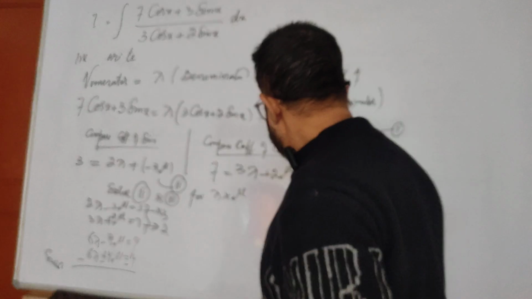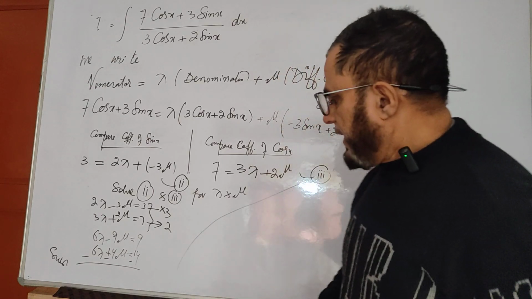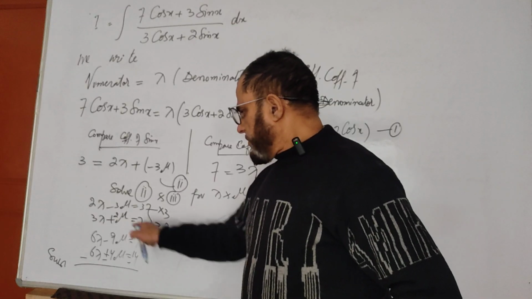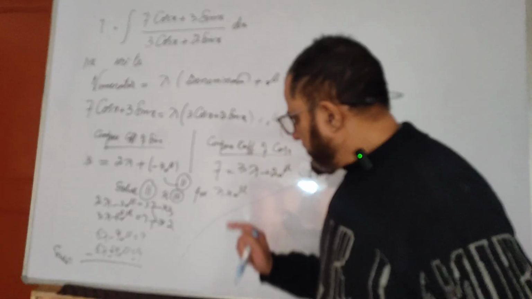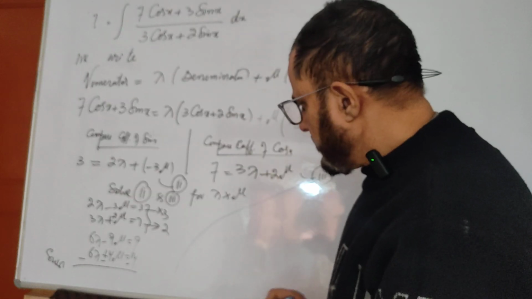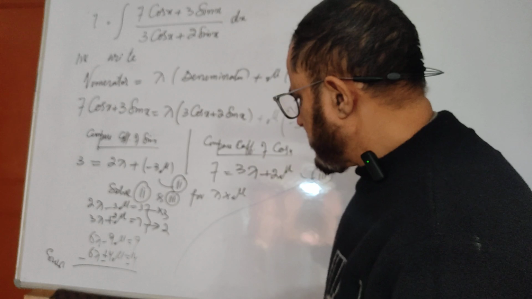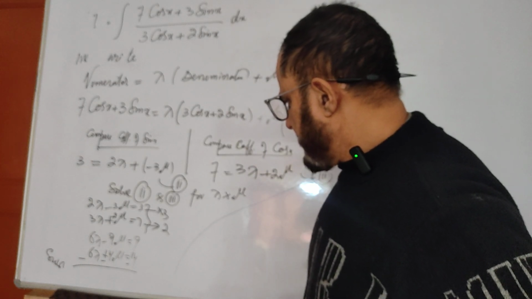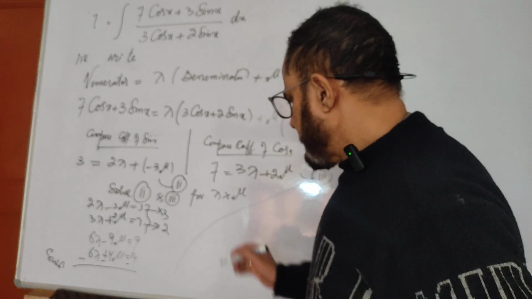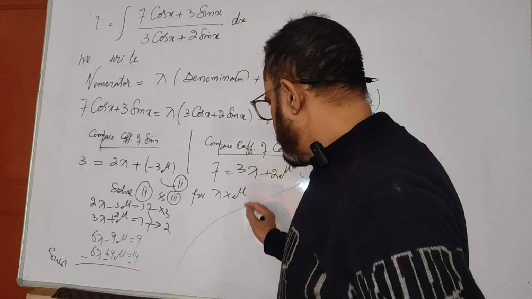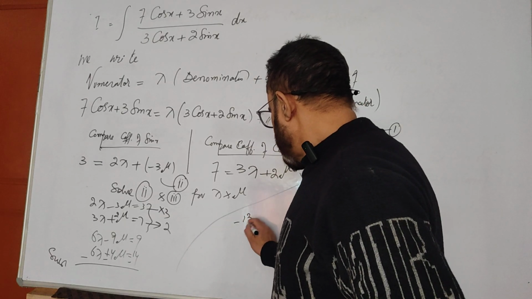Now you subtract them. You see where we have reached now. When we subtract, lambda goes, and this is minus 9 mu minus 4 mu, which is minus 13 mu.